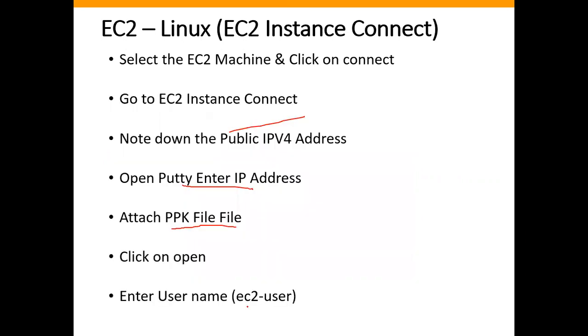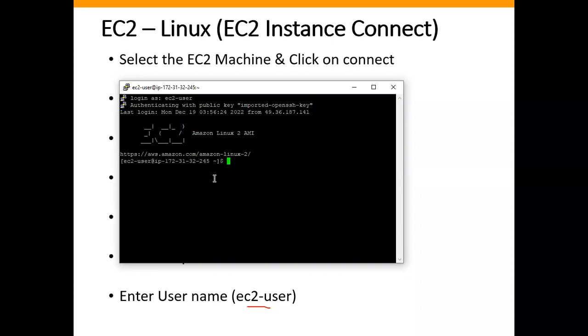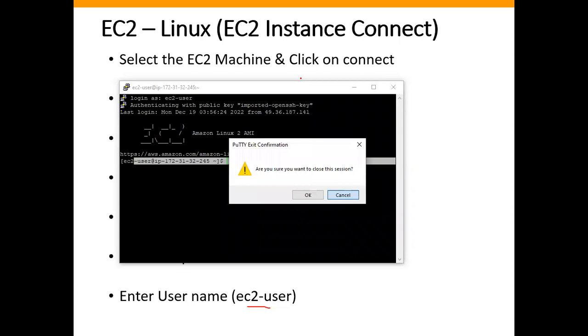And what is our username? Whenever we create an Amazon Linux machine, by default our username is ec2-user. And whenever we create a Windows machine, our default username is Administrator. When I enter the username, we are able to connect to our machine. This is how we are connecting to our machine with another method.